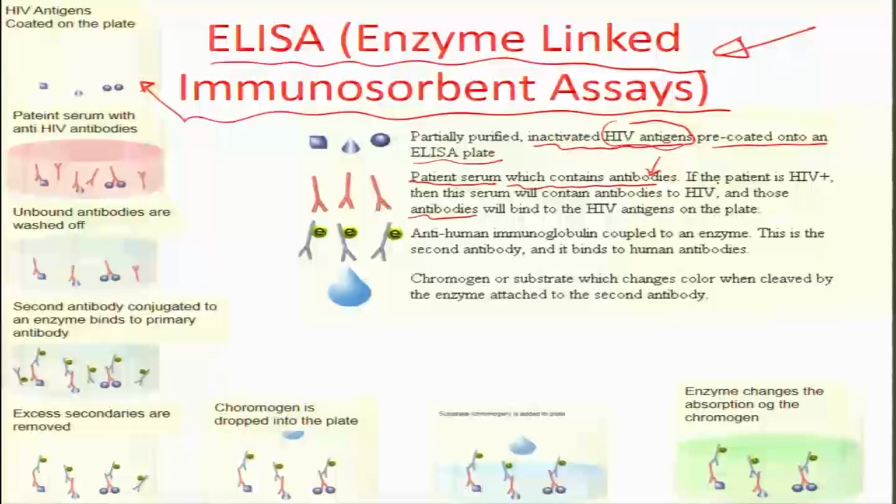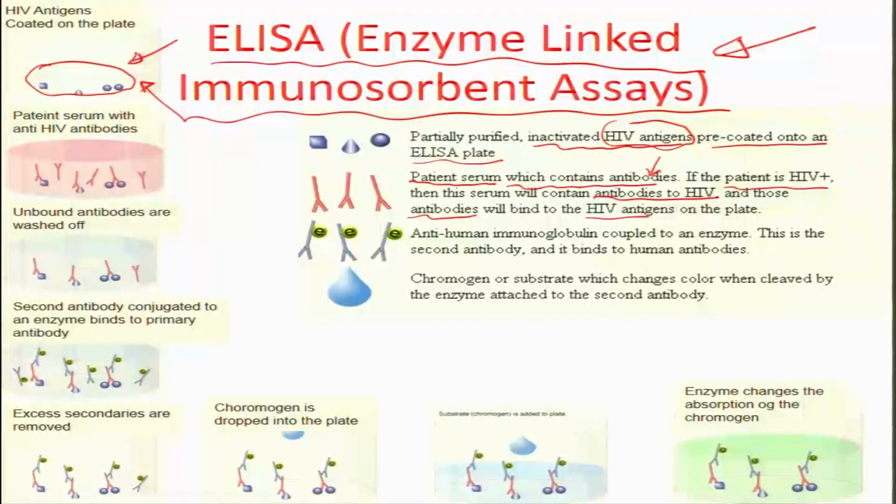So, if the patient is being diagnosed for whether he is HIV positive or not, and supposing there is an infected patient, his blood will definitely contain antibodies which are grown against the HIV antigen, okay, and those antibodies will definitely bind to the external HIV antigens which we have put in the ELISA plate in step 1 of the particular reaction.